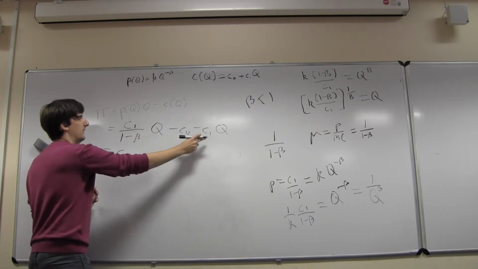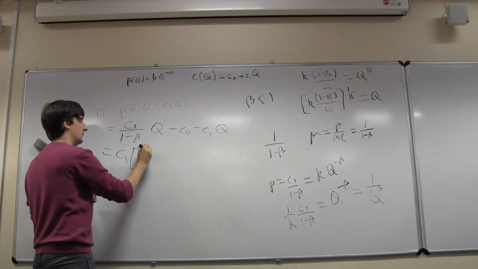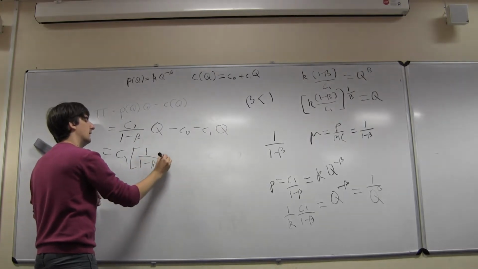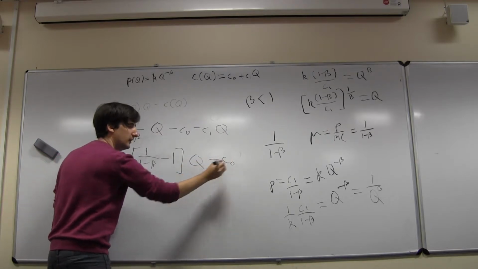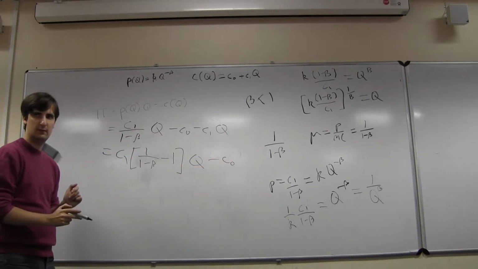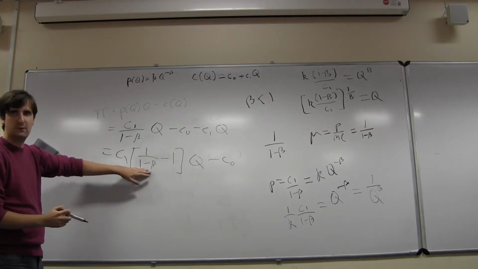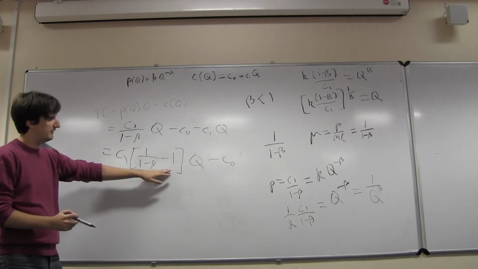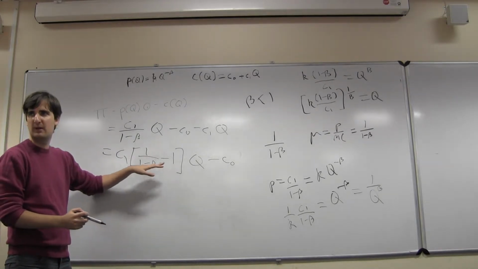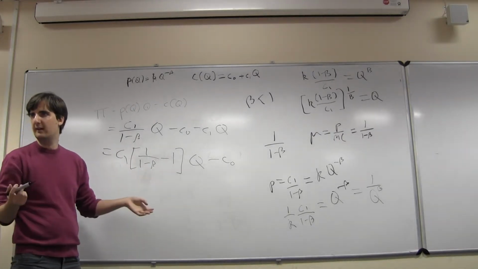We've got a C1 here and a C1 there, times 1 over 1 minus beta minus 1 times Q, minus C naught. Okay, so this was the gross markup, price over marginal cost, 1 over 1 minus beta. So the gross markup minus 1 is a kind of net markup.